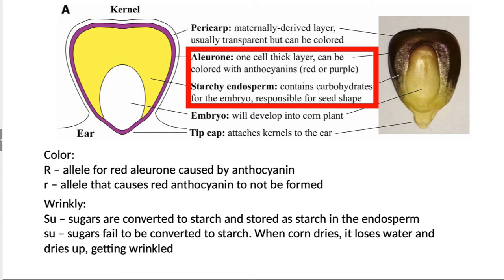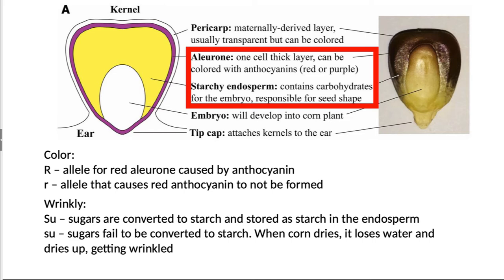Okay? It's only in the little r genotype that no anthocyanins are produced, and because no anthocyanins are produced, we see that yellow color. So this gene we say it's dominant because the heterozygote looks like one or the other. In this case, it looks like the homozygote that produces the anthocyanins.